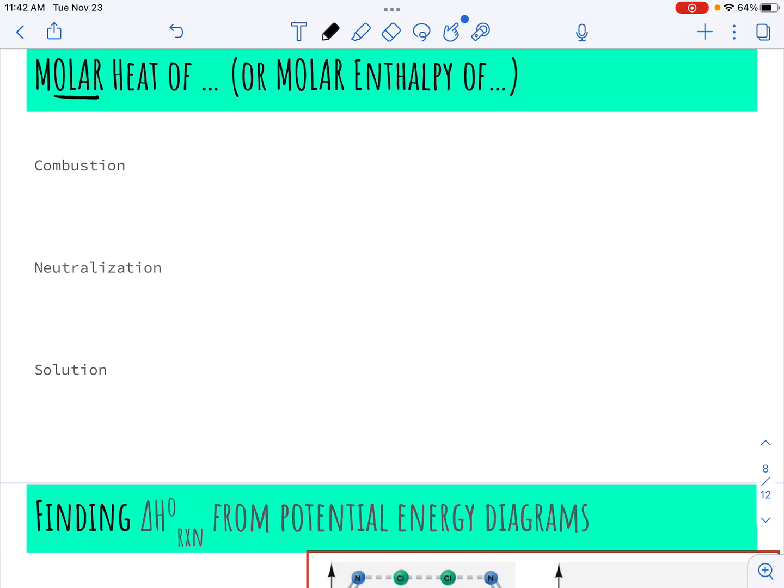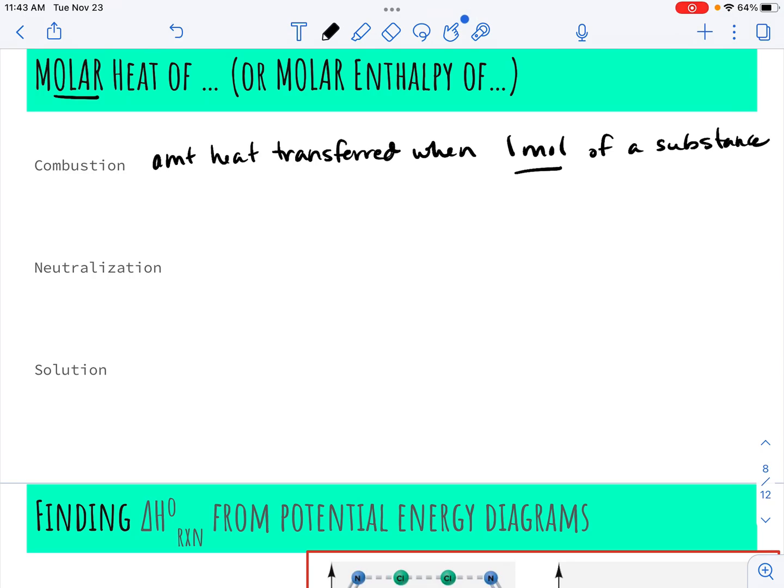So these are definitions. These are the ideas of the amount of heat transferred, and if it's a combustion, it's going to be released, right? When 1 mole of a substance is combusted. So let's say that we want to do this for the molar heat of combustion of methane, right?